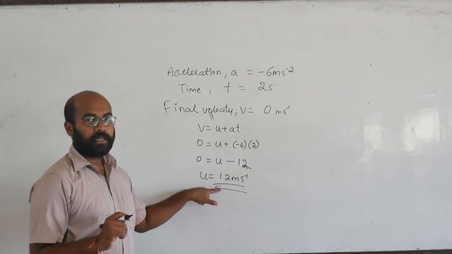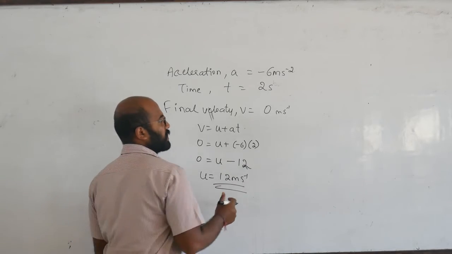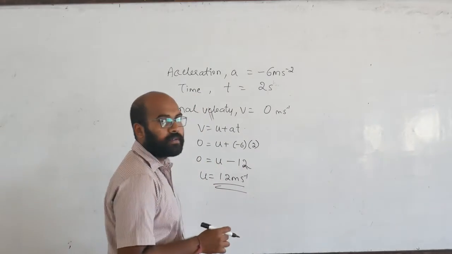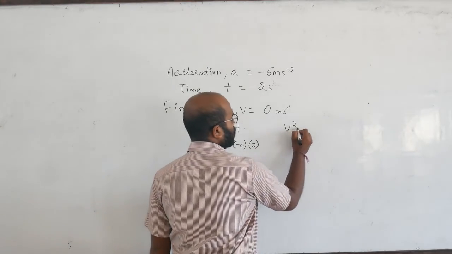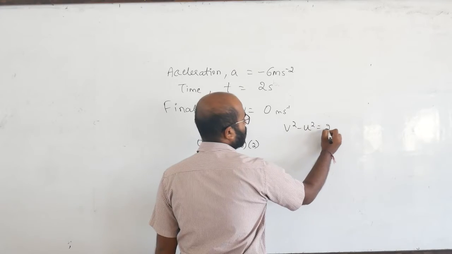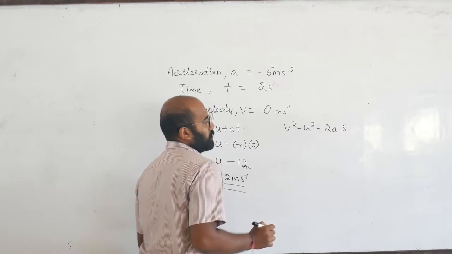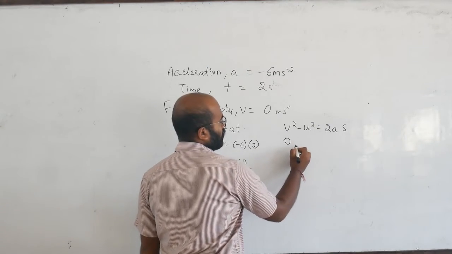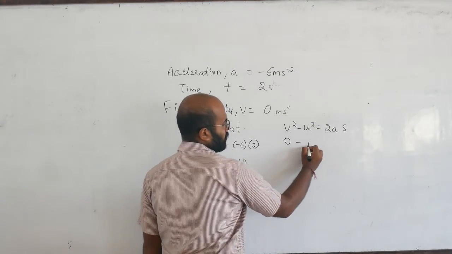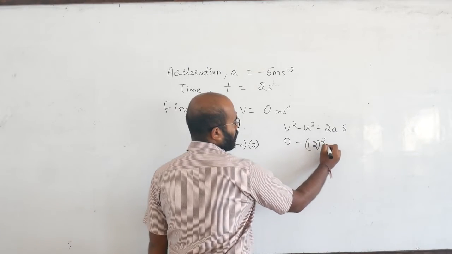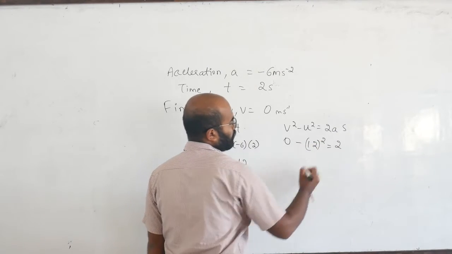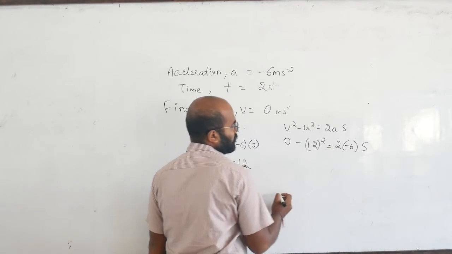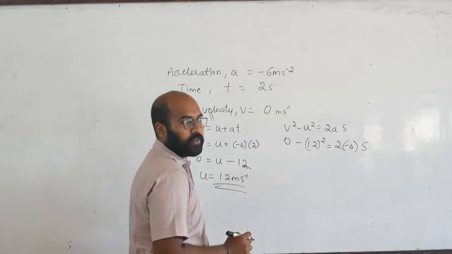So I know what is the initial velocity. So using this in an equation, I'll use one more equation, that is v square minus u square is equal to 2as. So I'll use both the equations and see. So v is 0, u is 12, that is 0 minus 12 square is equal to 2 into a, a is minus 6, into s. So 12 square is 144.